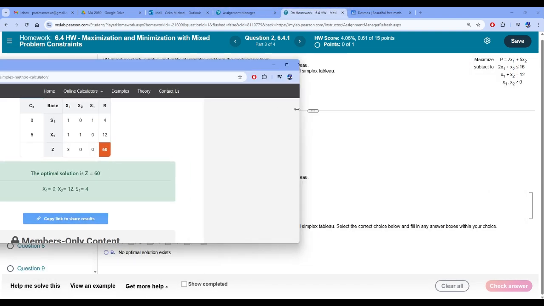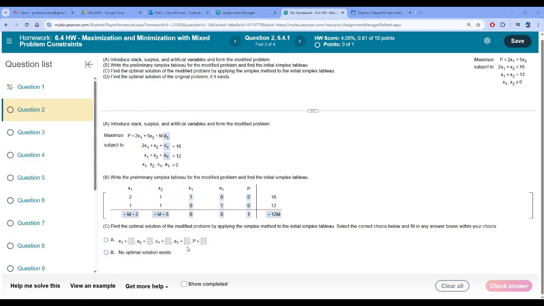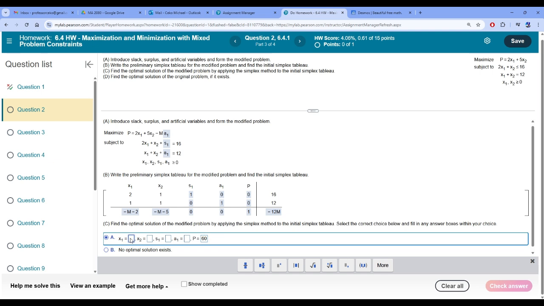Just close up a little bit. So we're going to go like that. The maximum occurs at 60 when x1 is 0, x2 is 12, s1 is 4. Now let's check.